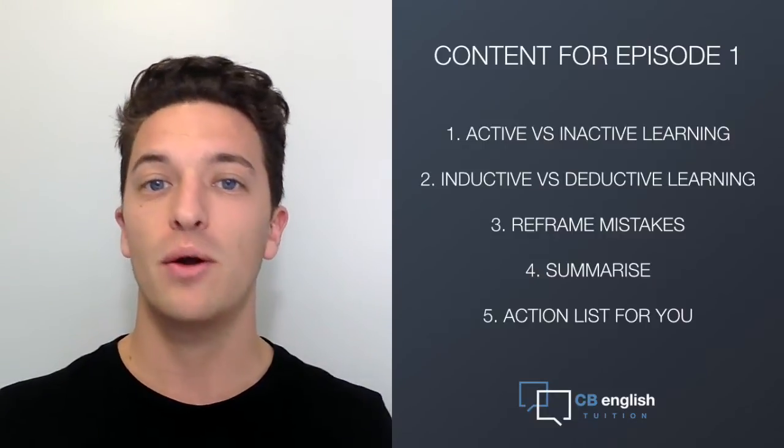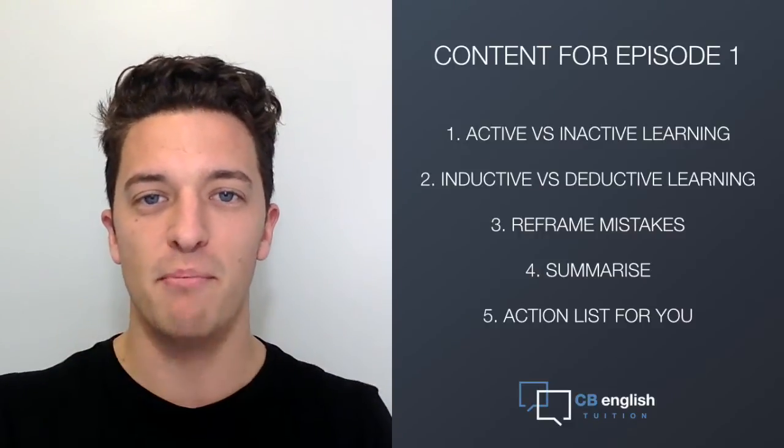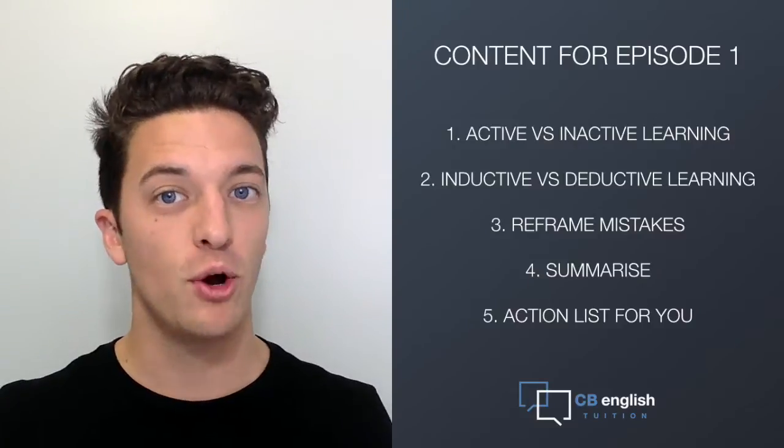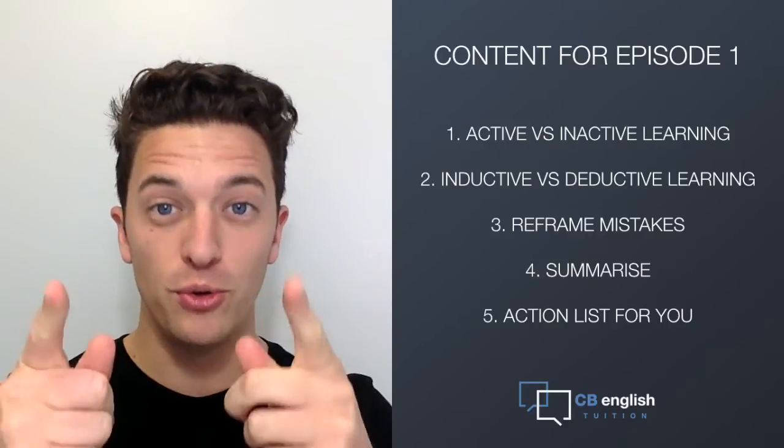I'm then going to go over the idea of mistakes and reframe them in your brain, followed up with a summary of what I've told you, and then end with an action list for you to do today. So let's get going. Support point 1, inactive learning versus active learning.